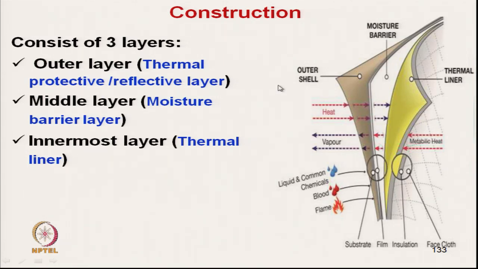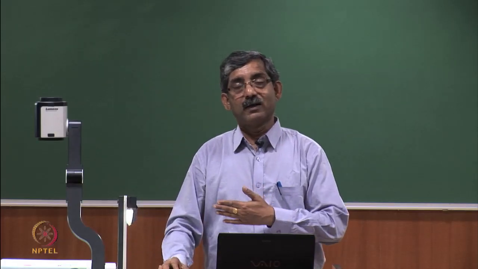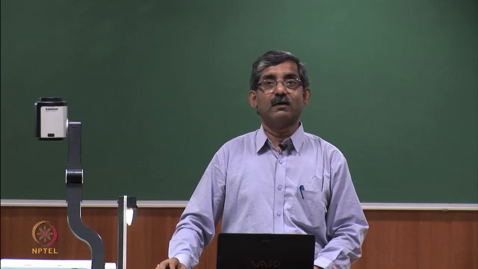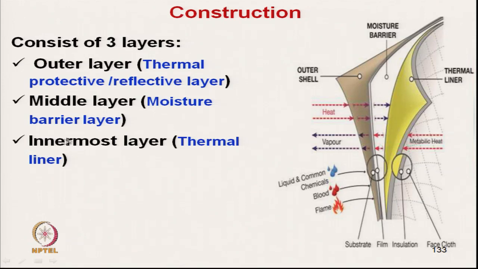So, whatever sweat or moisture is generated in the human body should get transmitted through this barrier. The innermost layer is the thermal liner, which protects the human body from the heat exposure. It is mainly the insulating layer.